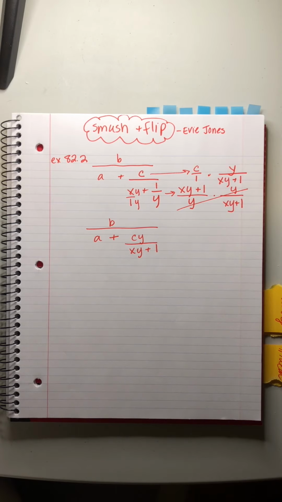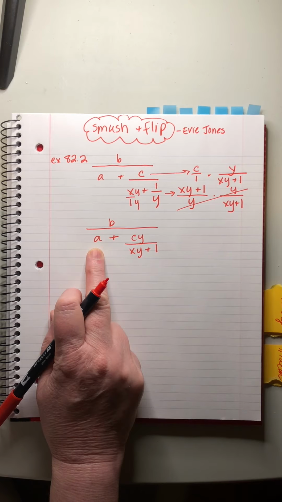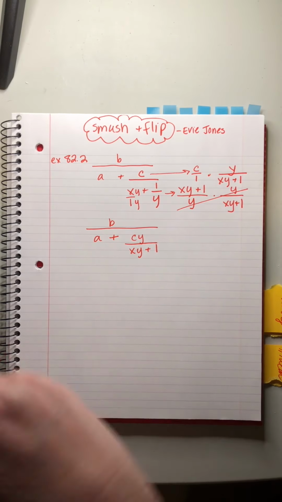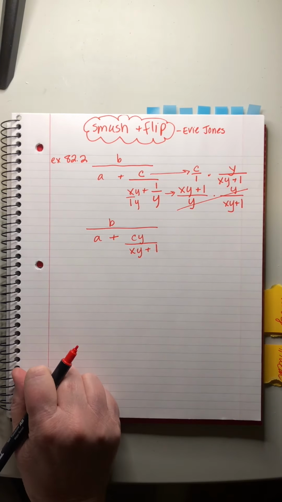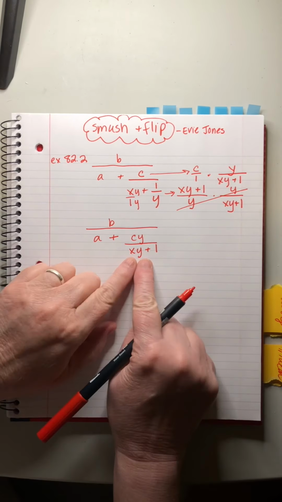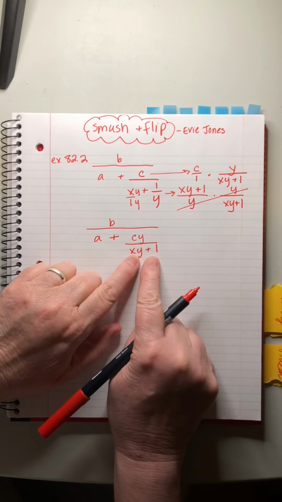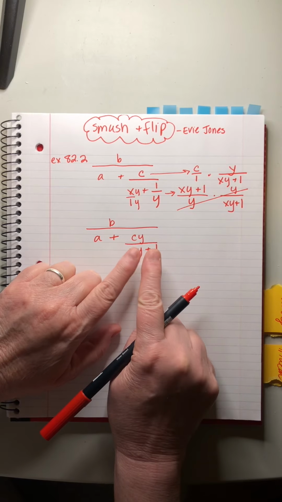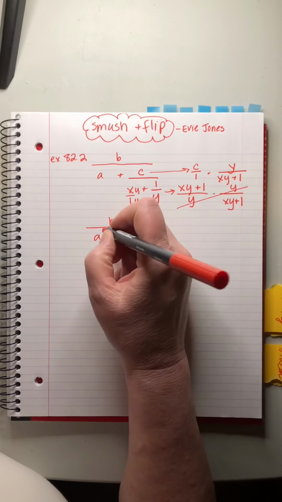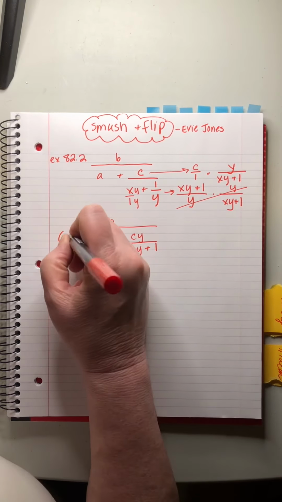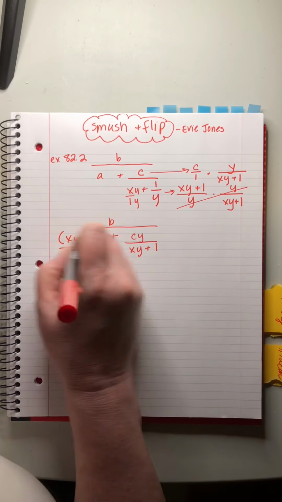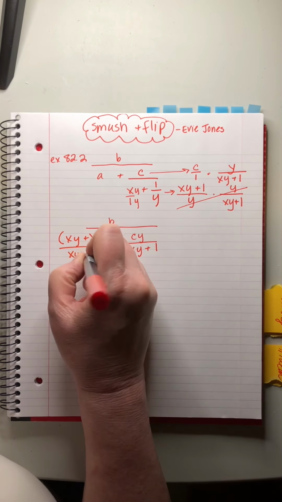Okay. Now we have to do the same thing again. We have to make this denominator match, squish it, and then flip it and multiply it up by that b. Now this one's a little bit messier because our denominator is a binomial. So we'll have to multiply this by xy plus 1 over xy plus 1.